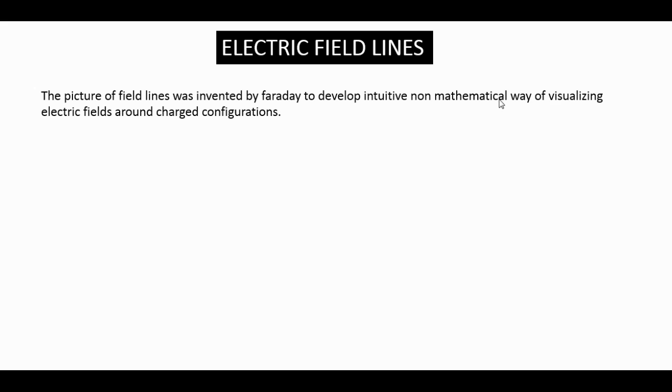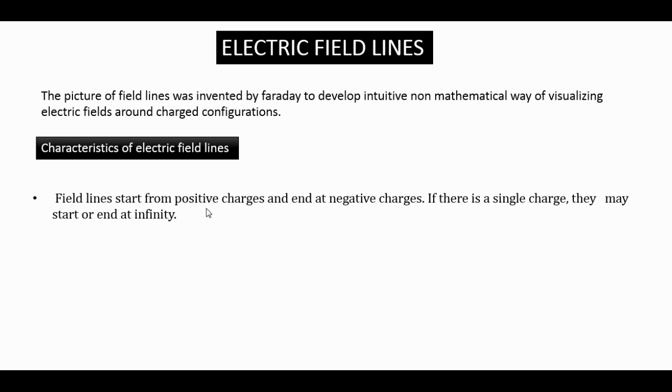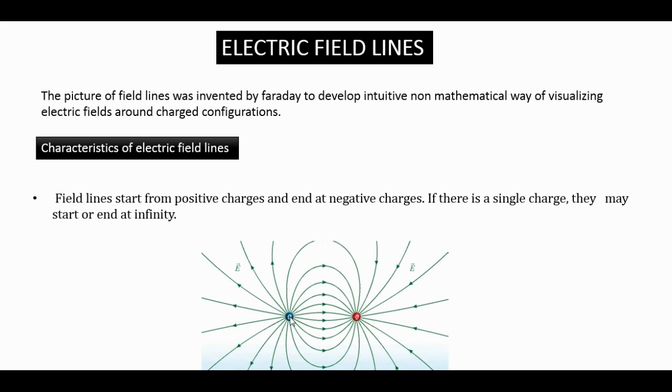Characteristics of electric field lines: field lines start from a positive charge and end at a negative charge. If there is a single charge, they may start or end at infinity. Like this, arising from the positive charge and ending at the negative charge.